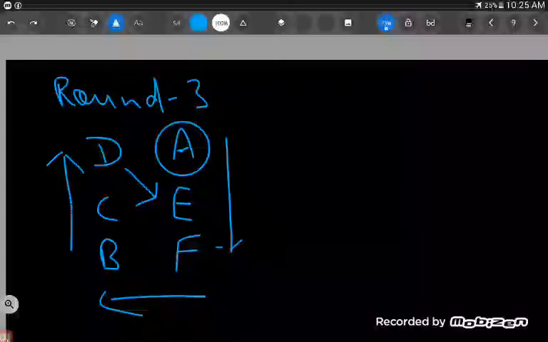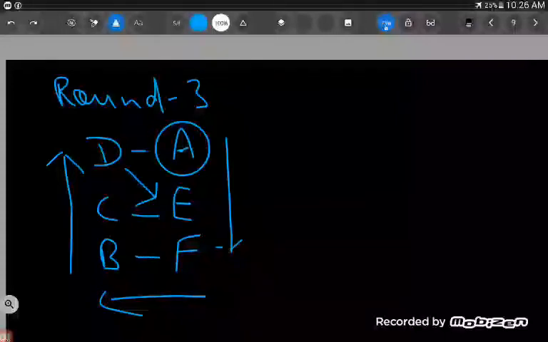Your third round has been completed here. Here D is playing with A, C is playing with E and B is playing with F.